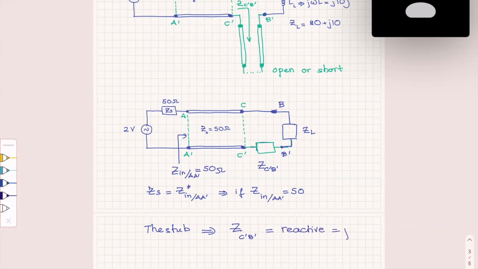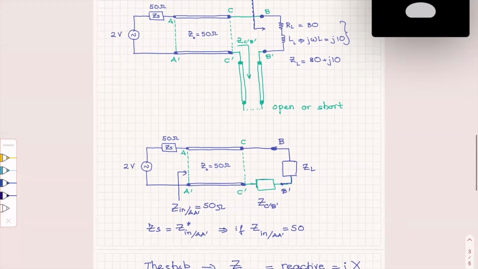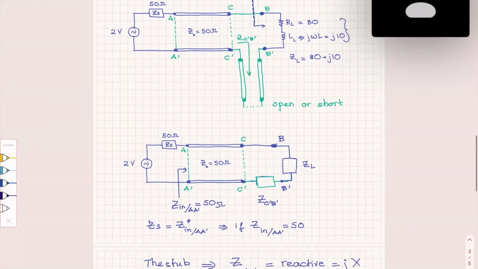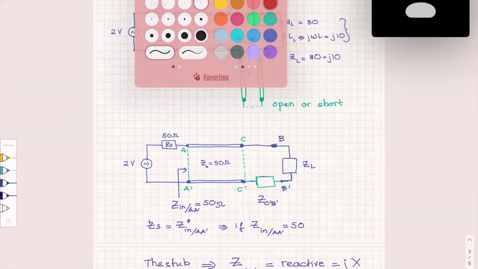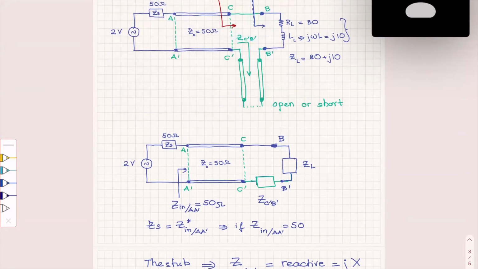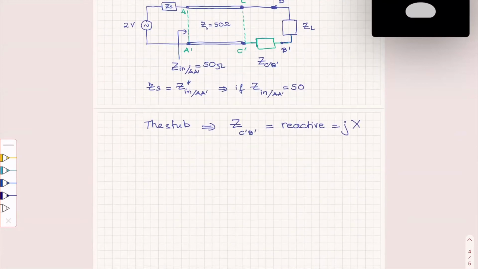So practically it's going to be a jX. And X positive or negative. And if I want to cancel the reactive, so the only thing it can do, so practically here, this input impedance at CC prime, therefore, the input impedance at CC prime is going to be the sum of Z C prime B prime plus Z_L.